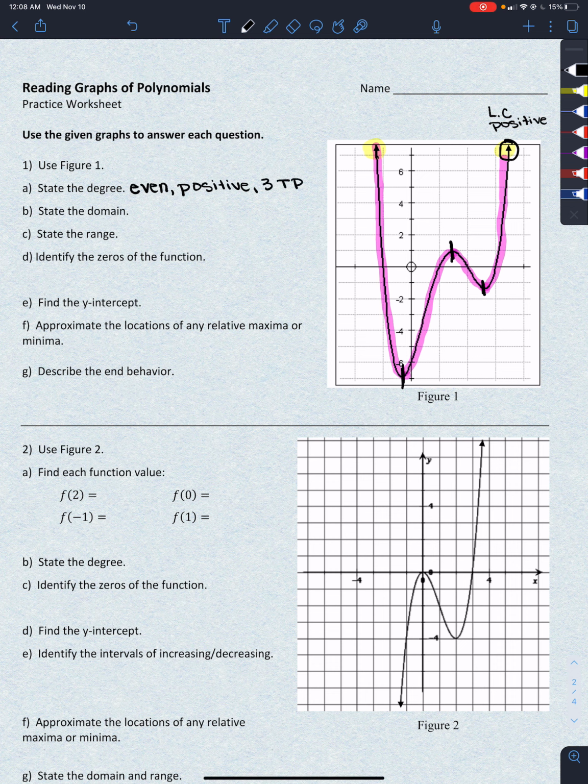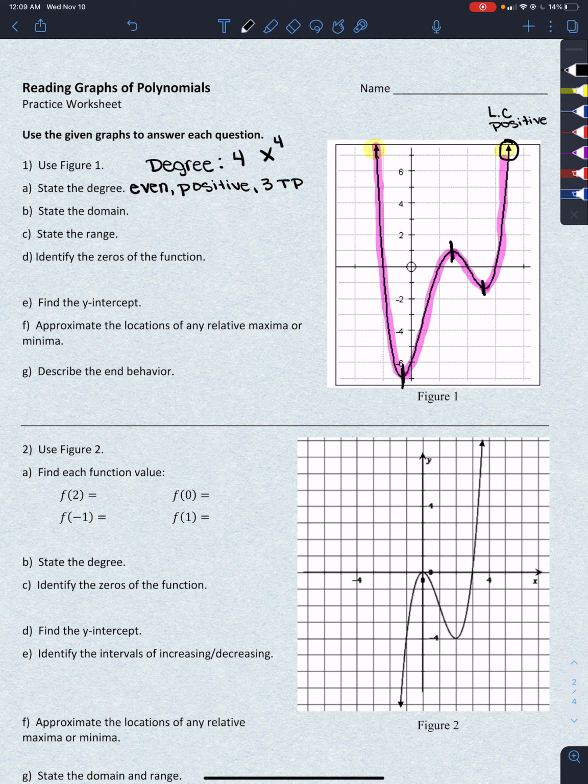Now, to find the degree using those turning points, I take the number of turning points and add 1. So 3 plus 1 gives me a degree of 4. So this polynomial is going to be positive x to the 4th.